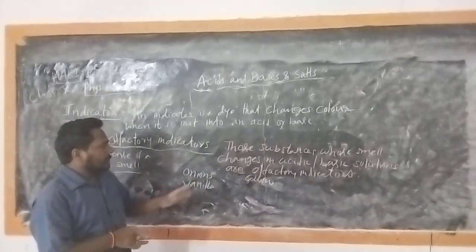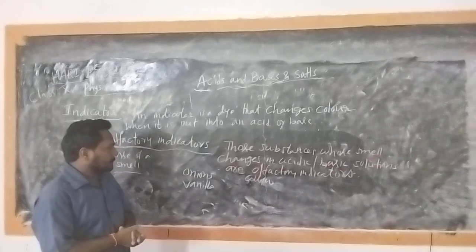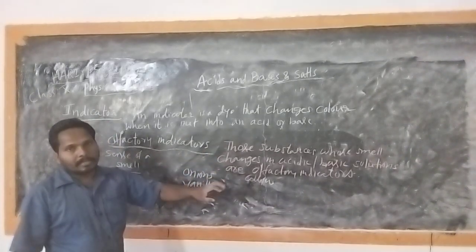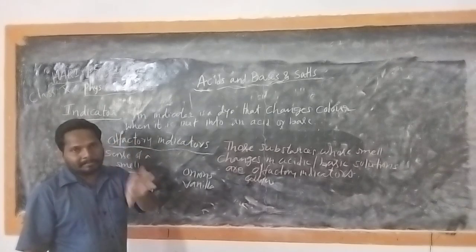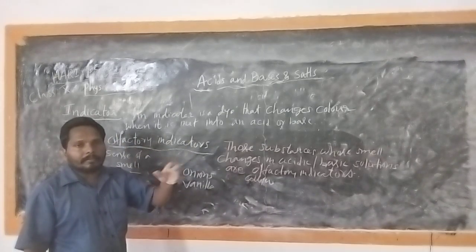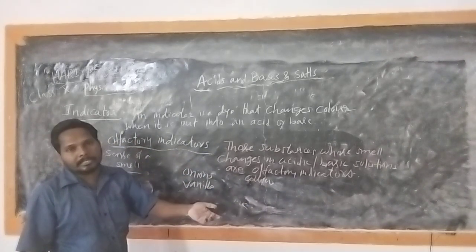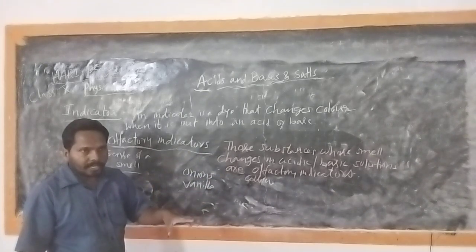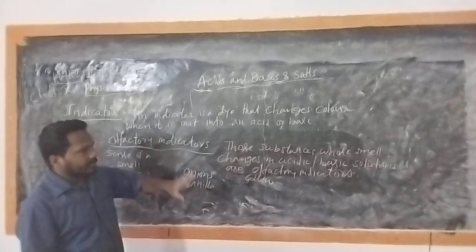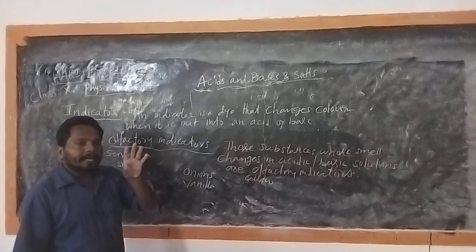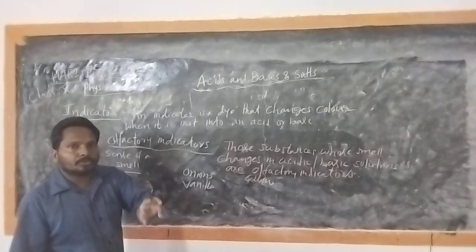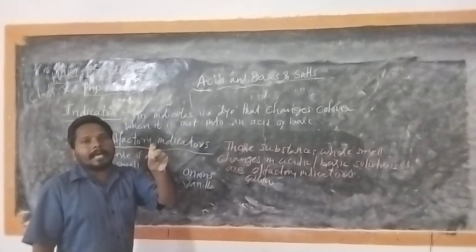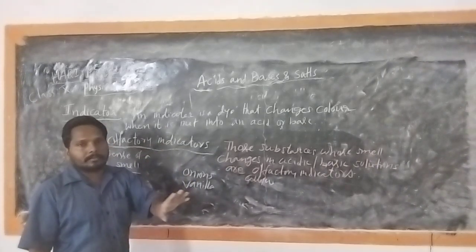Whether onions or vanilla, these substances have a particular smell, and when they are added into an acidic or basic substance, their smell changes. So indicators are used to determine which substance is an acid and which is a base.